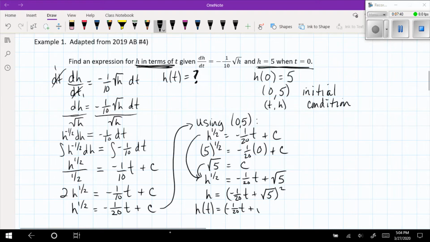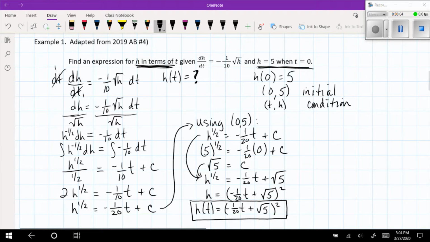And I think we will box that as our final answer and say question 1 is done. We have found an expression for h in terms of t with the initial condition that they posted, that h equals 5 when t equals 0.